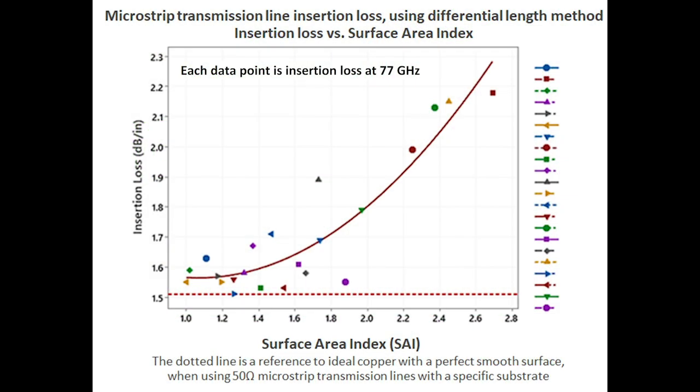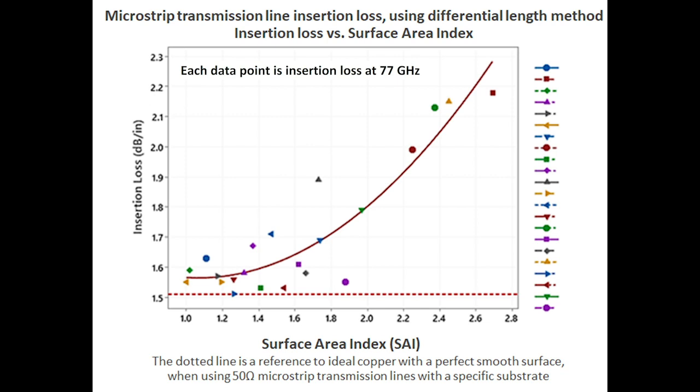Shown here is a chart that's on the y-axis is insertion loss in dB per inch. This is from testing microstrip transmission lines, and specifically the insertion loss at 77 gigahertz. And on the x-axis we're showing surface area index, SAI. And you can see there's a pretty good correlation between the surface area index and the insertion loss, where SAI, surface area index, if it's 1, that would be a perfectly flat surface, and as the numbers increase, that's a rougher surface.